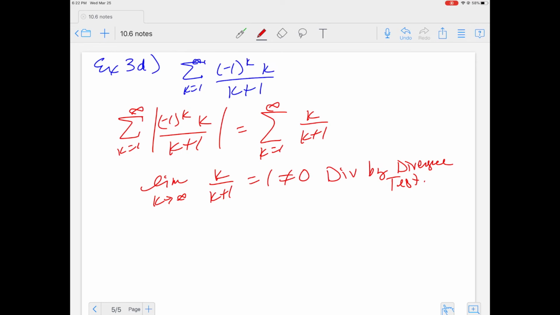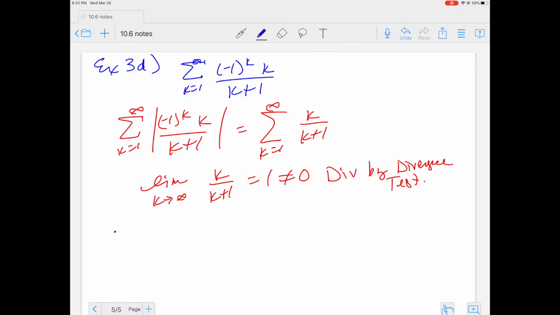No, good, why not? What's the second criteria of alternating series test? That the limit goes to 0. If I'm looking at this particular problem, is my limit going to go to 0? No. So if it diverges by the divergence test, you're done, right? There's nothing else you can do.